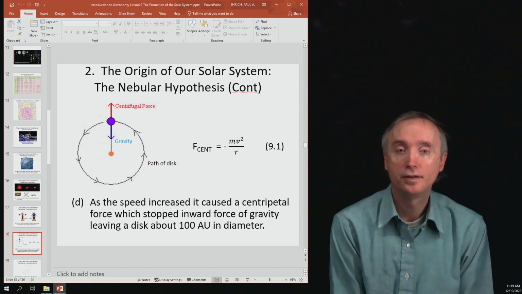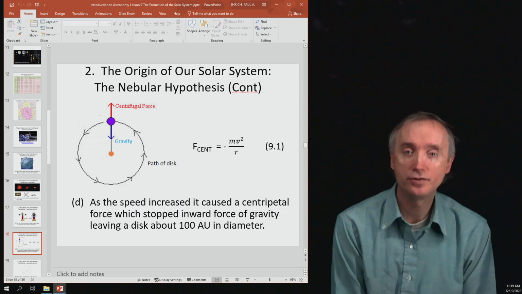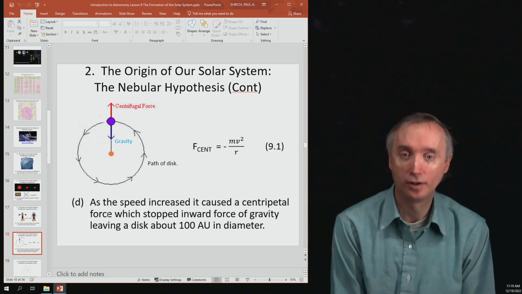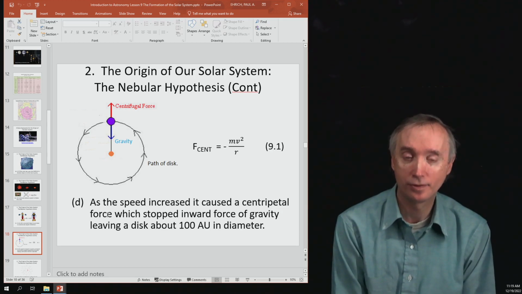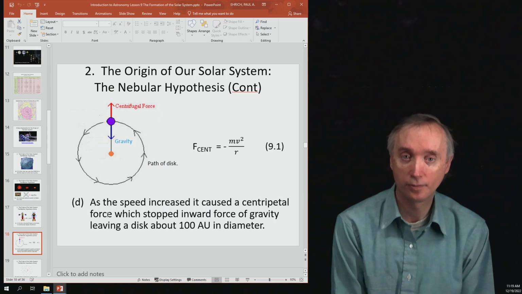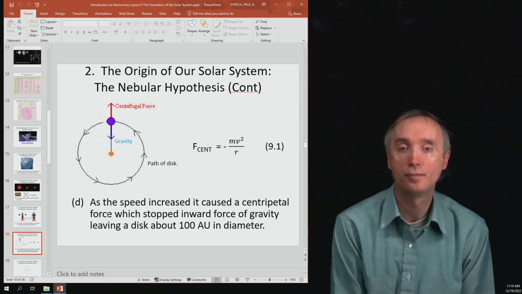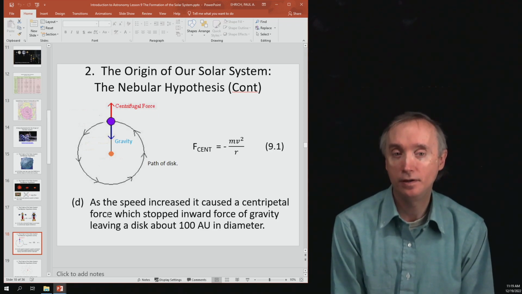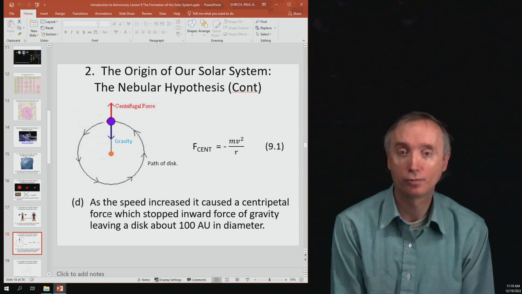Okay, then the disk eventually starts to stabilize at a certain diameter because of centripetal force. You don't need to know the formula for centripetal force, but you notice that it has the mass of the particle that's going around in the circle, the speed of the particle, and the radius of the circle it's going around.